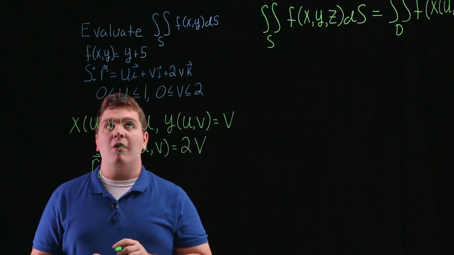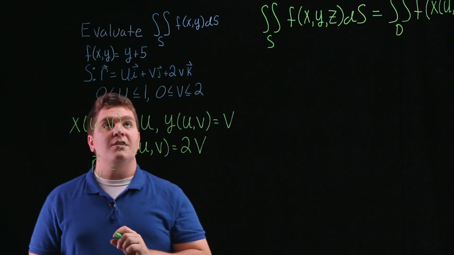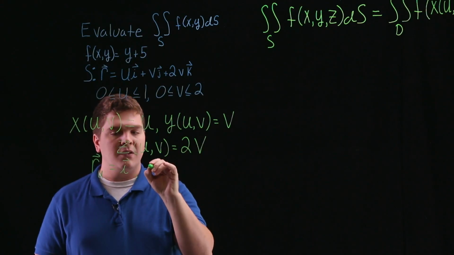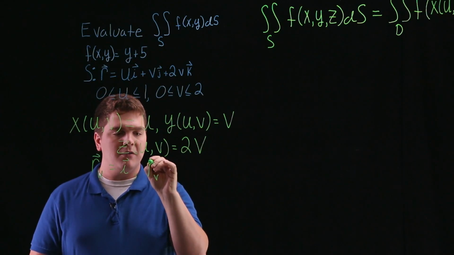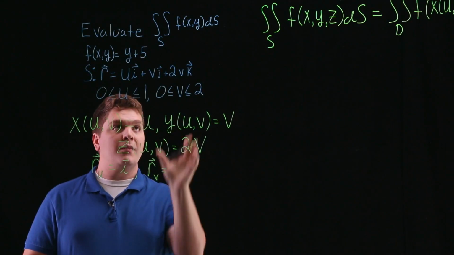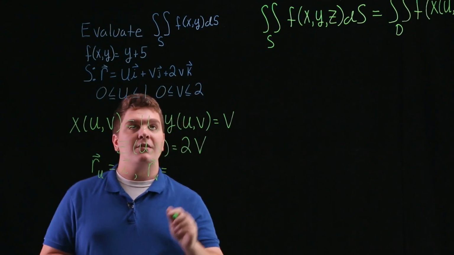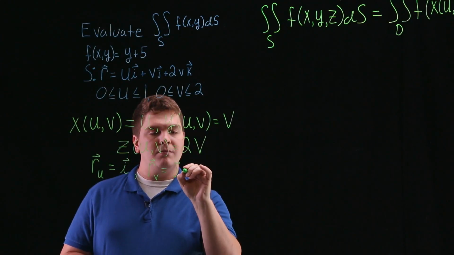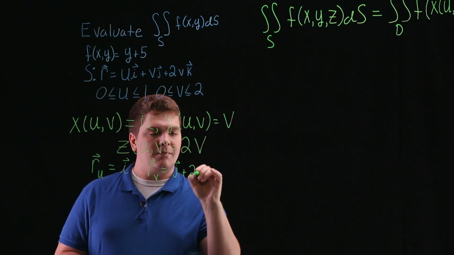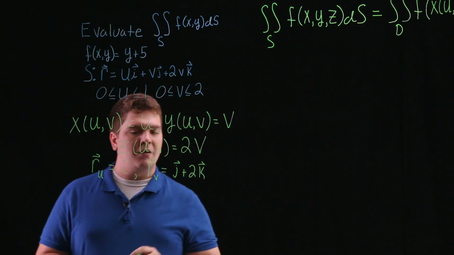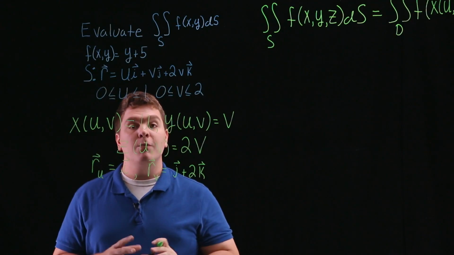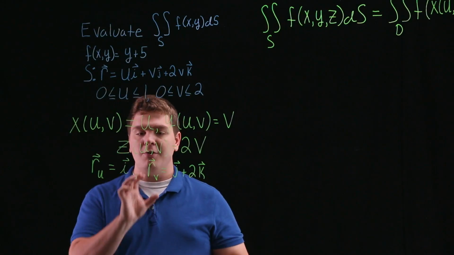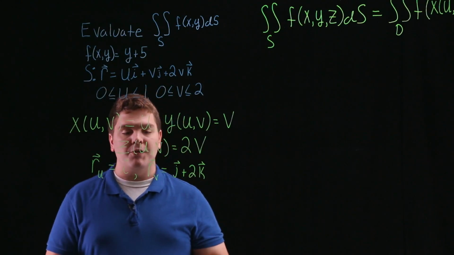This partial derivative of r with respect to u is just going to be i. And the partial derivative of r with respect to v is going to be j plus 2k. Now that we have these two, we can find the cross product of the partial derivatives.